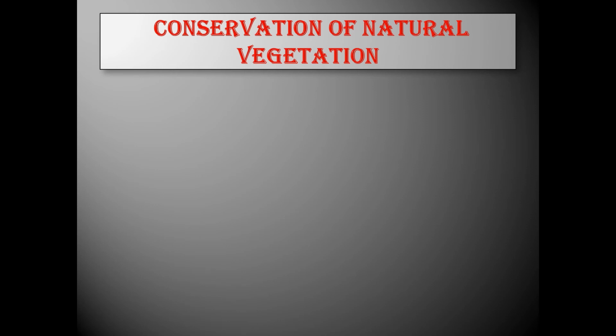They balance the ecosystem, and yes, they also provide so many things to us, through which the survival of a human takes place. So yes, let's know about some of the methods of conservation of natural vegetation.